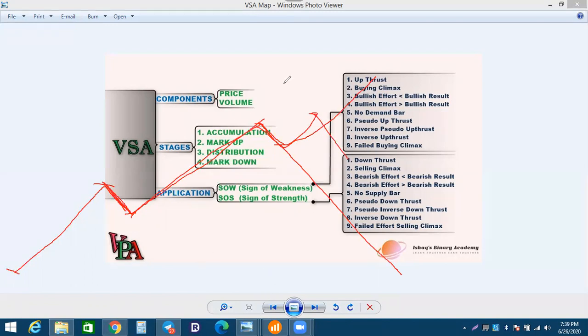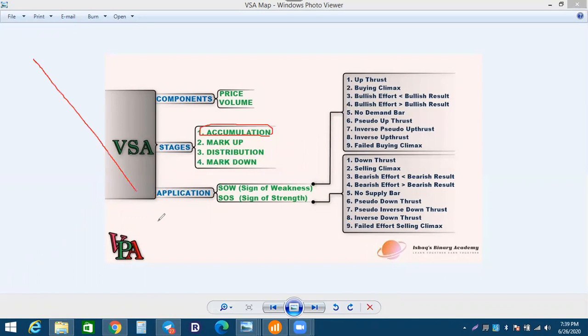These stages show how the market accumulates; accumulation always comes for the buyers. After a downtrend, you will find a little bit of range. That little range is the accumulation, which in price action we call demand. The demand is created by the buyers. So in volume analysis, we can say that is accumulation by the buyers and sellers. The market is accumulating, which means the demand is increasing.